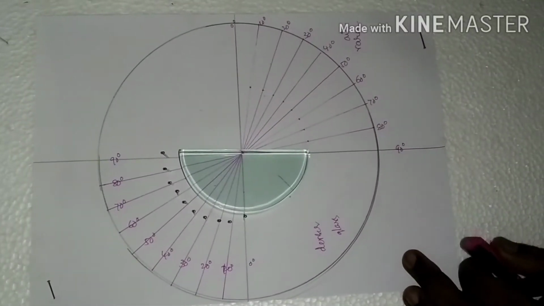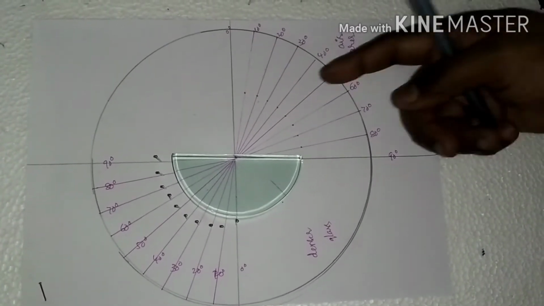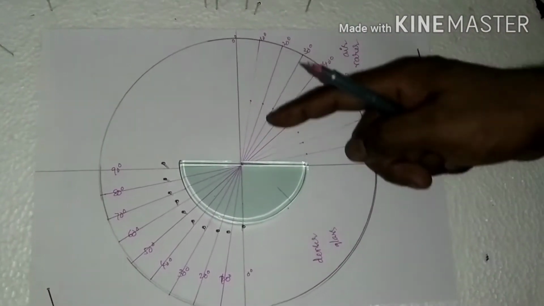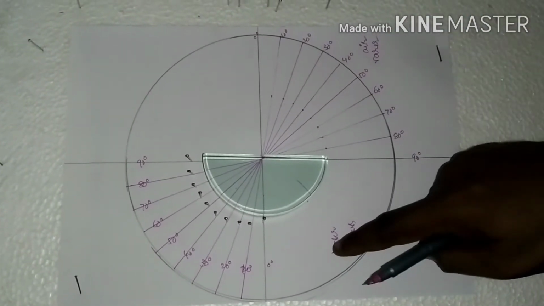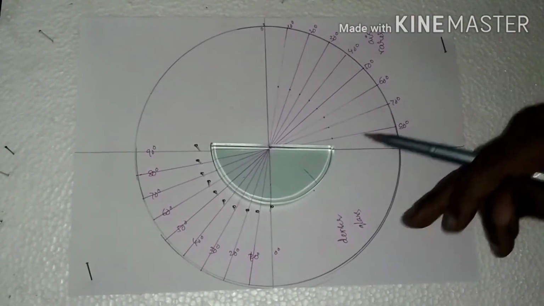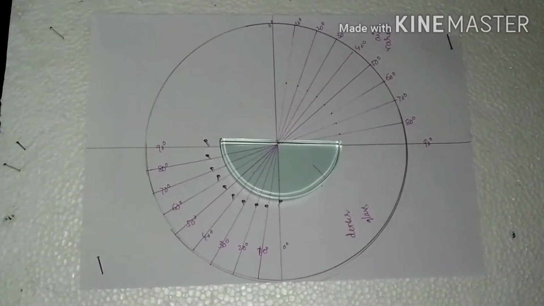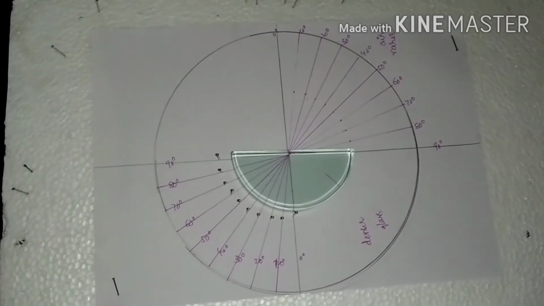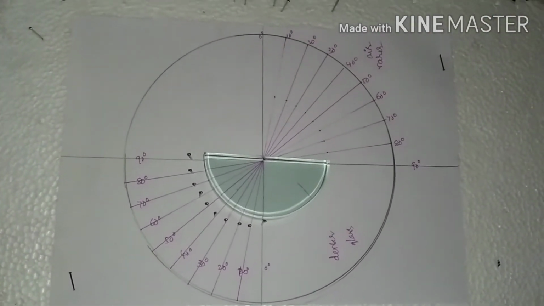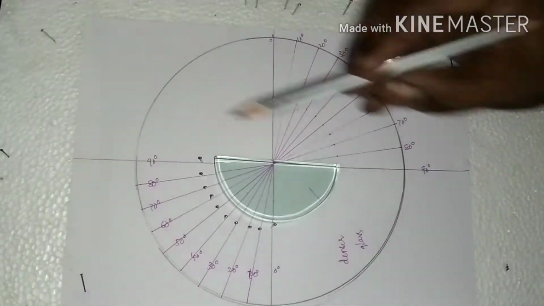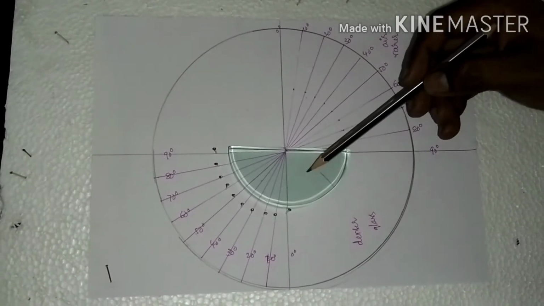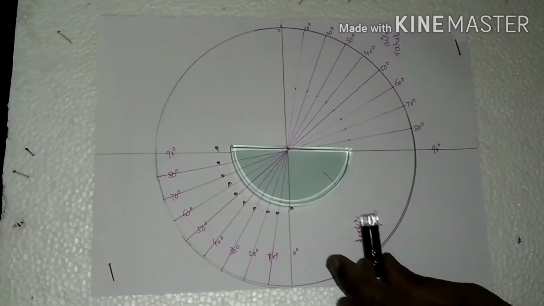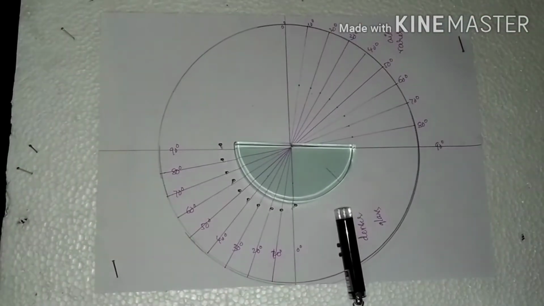In the earlier cases, we studied the properties of light when it travels from air to glass, that is from rarer to denser. In this case, the light is traveling from denser to rarer. Materials, you already know: this is the protractor circle, white paper is there, and also the semicircular glass disc, laser light, and pins.